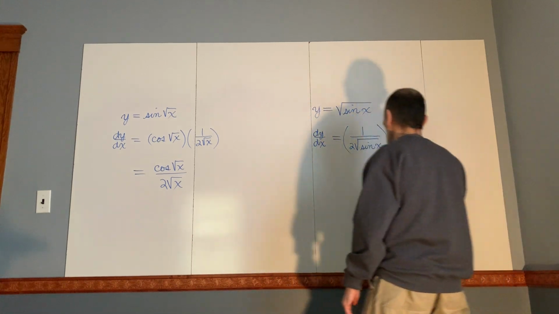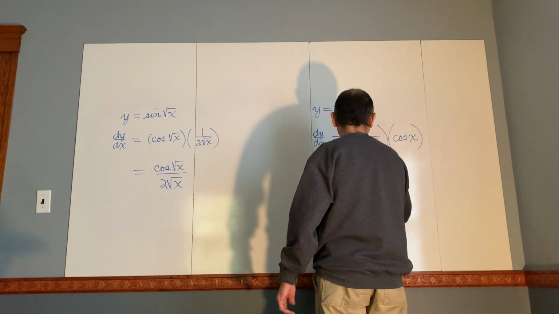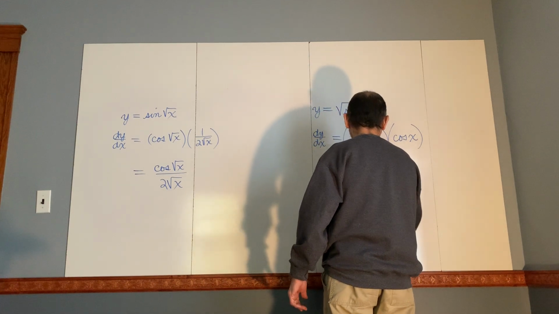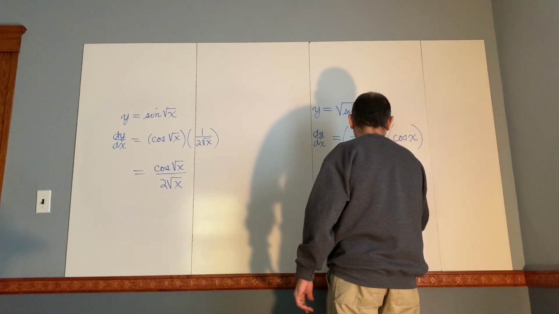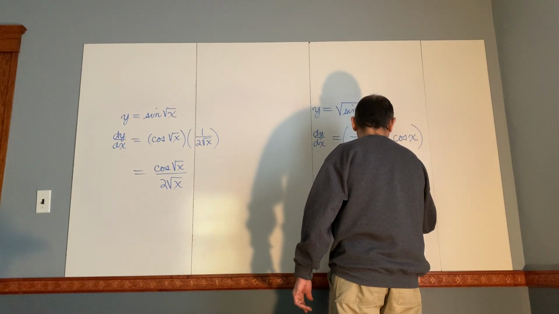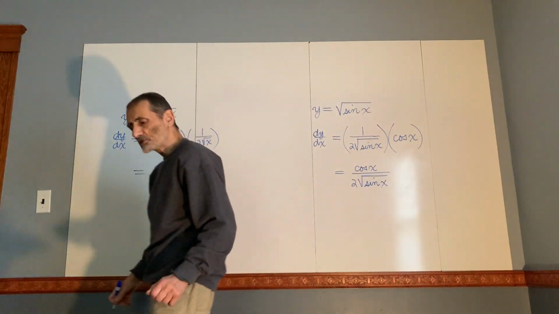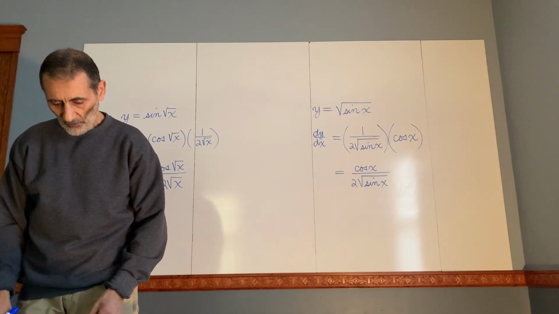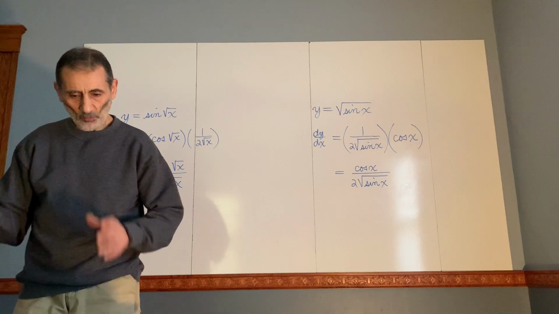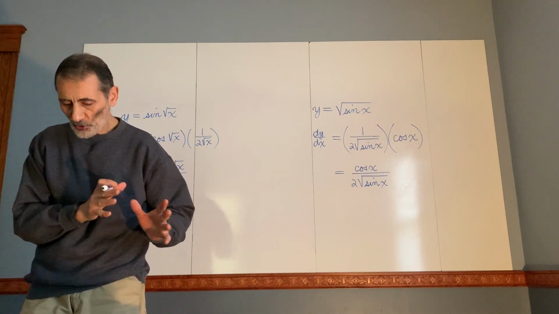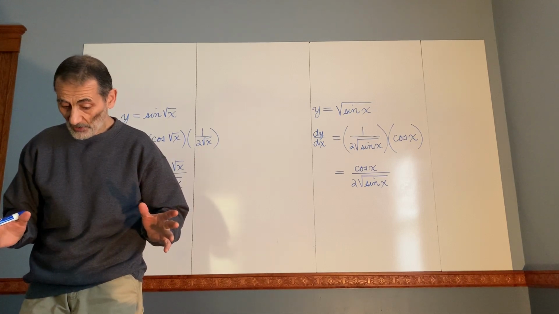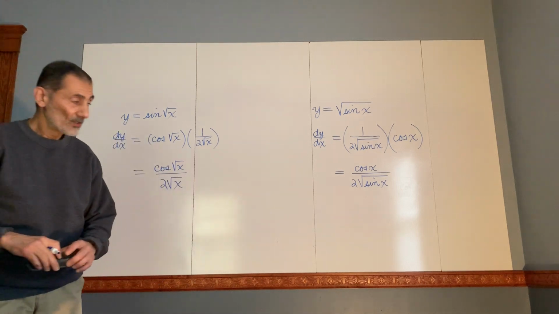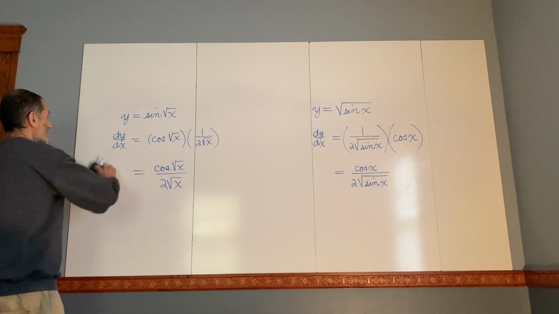That derivative is cosine x, leaves us with cosine x divided by 2 times the square root of sine x. Outside in. So you have to be able to recognize what your outermost function is and work your way in. And again, remember, we may have many more than 2 functions composed.